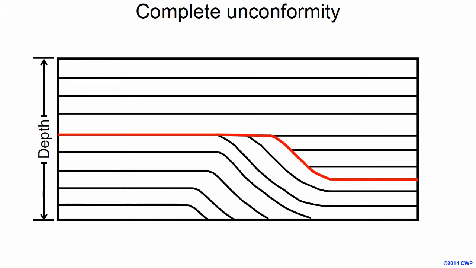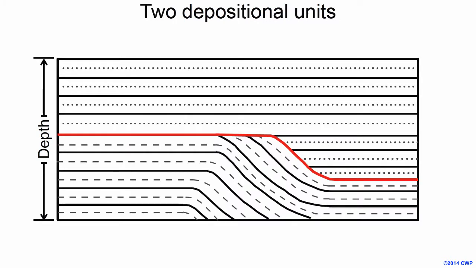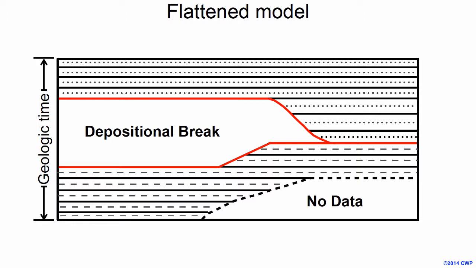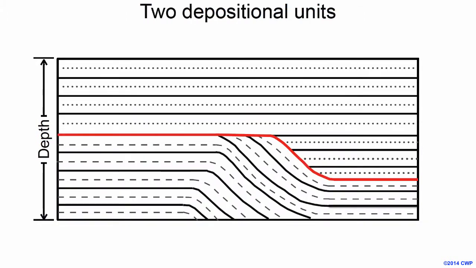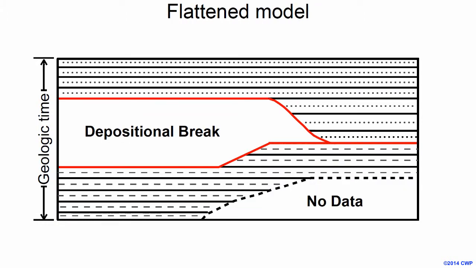These three parts together form a boundary which separates the sediments into two different depositional units, which means that the sediments above and below this boundary were deposited in different environments. So if we flatten this model, the unconformity will produce a vertical gap in this flattened image because an unconformity represents a deposition break.